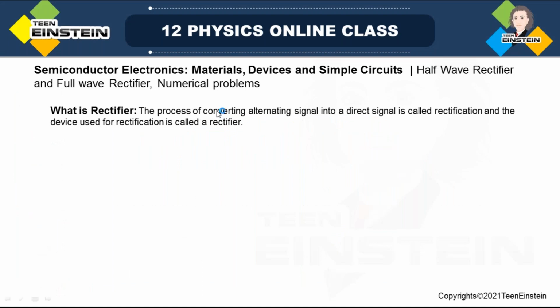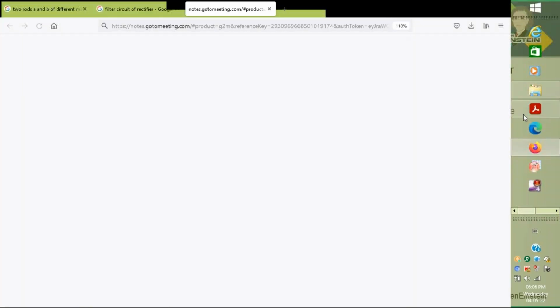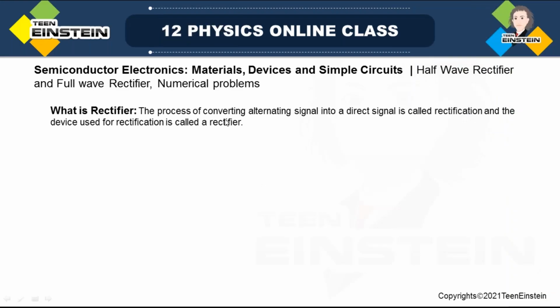So very good evening students. Today we'll be learning one of the applications of diode, PN junction diode. What is that application?